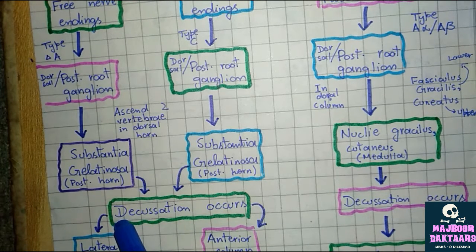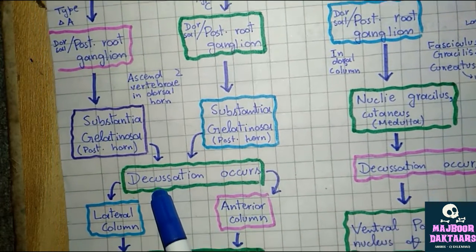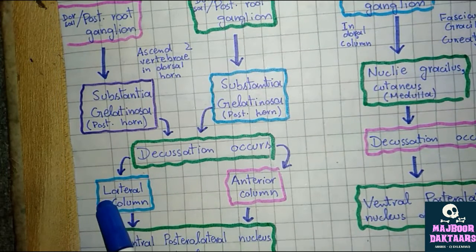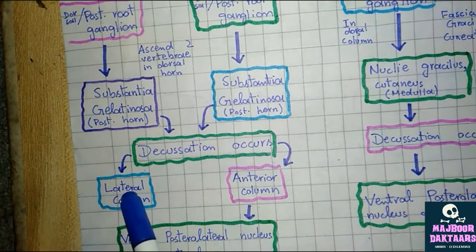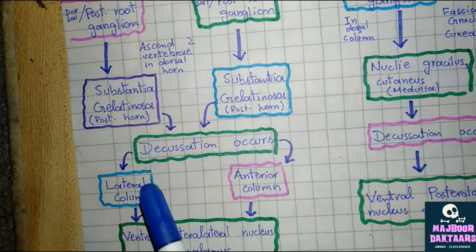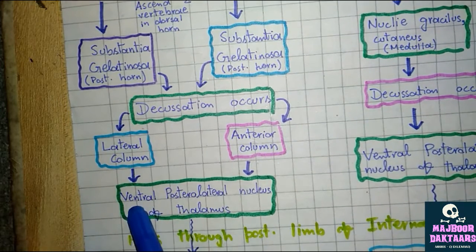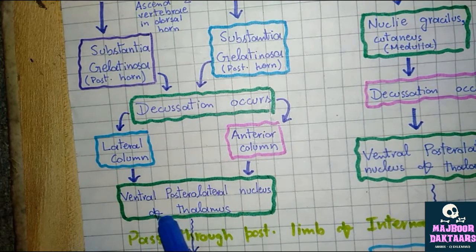Decussation means the fibers on the right side move toward the left side and fibers on the left side move toward the right side. After the decussation, the fibers of the lateral spinothalamic tract move toward the lateral column of the white matter of the spinal cord. I have explained this earlier also. So from there, they move towards the ventral posterolateral nucleus of the thalamus.